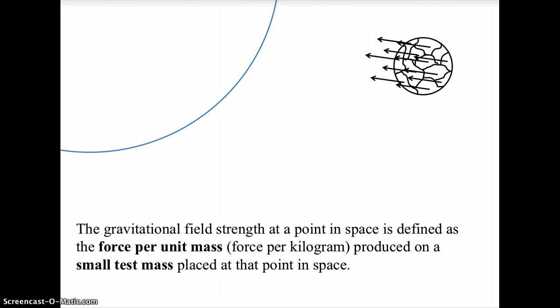And the definition of G field strength is the force per unit of mass. So one way to think about this conceptually is it basically tells us how strongly the source pulls on each kilogram of mass in the test mass.